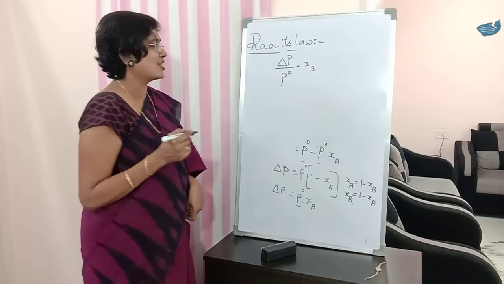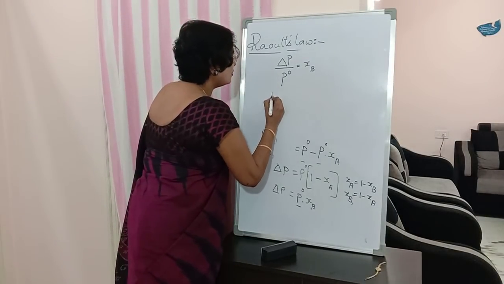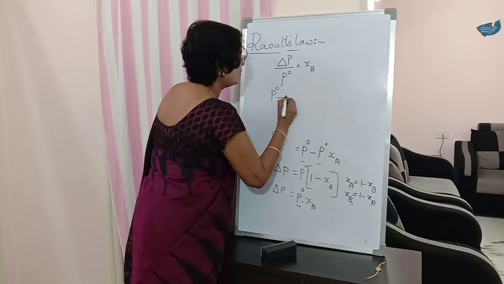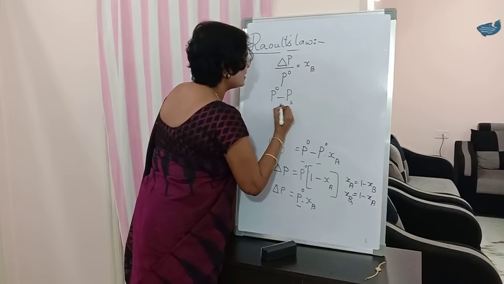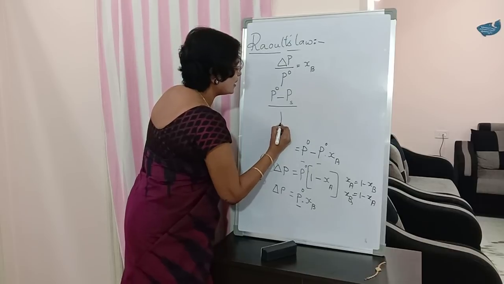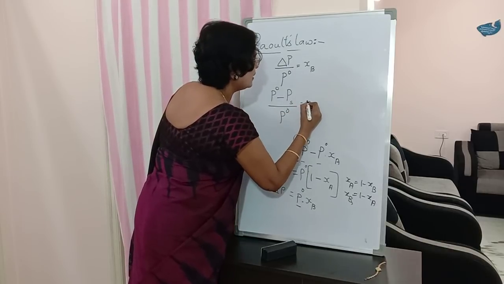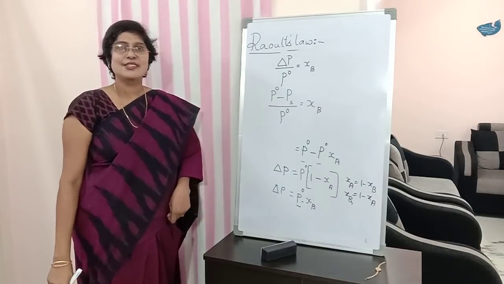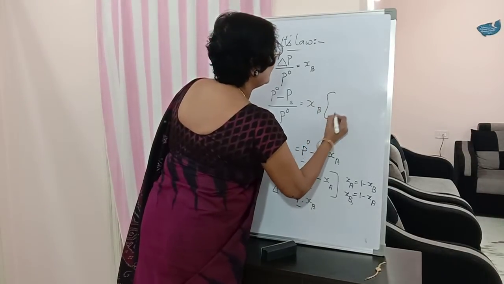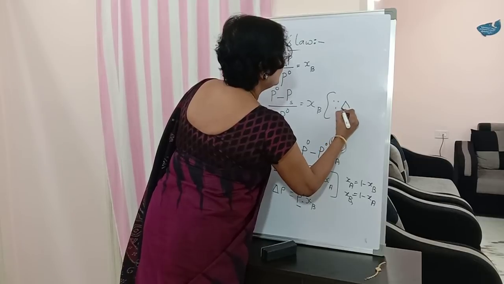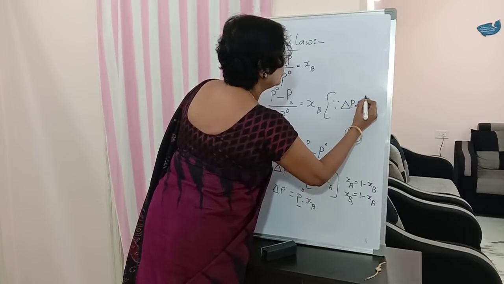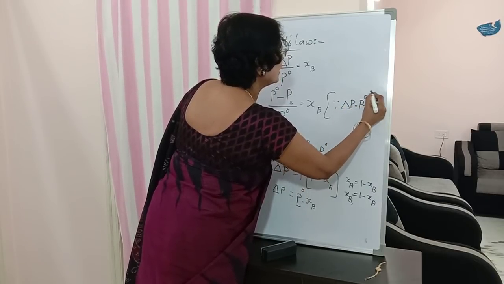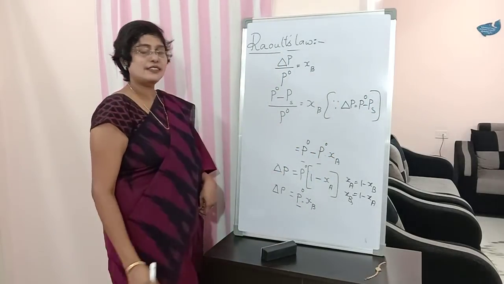But what is delta P? Lowering of vapor pressure. So delta P is equal to, we all know, P naught minus PS. So in the denominator, what is there? P naught. It is equal to XB. So you can write here, since delta P is equal to P naught minus PS. Clear, students?